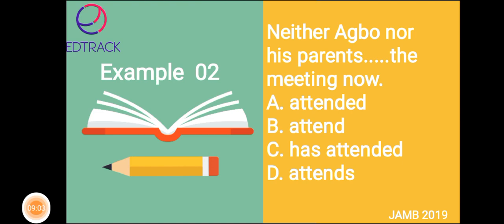So now, which of these are we going to fix into this gap to make the expression a complete one? Neither Agbo nor his parents dash the meeting now. So I want you to pause and tell me the answer.